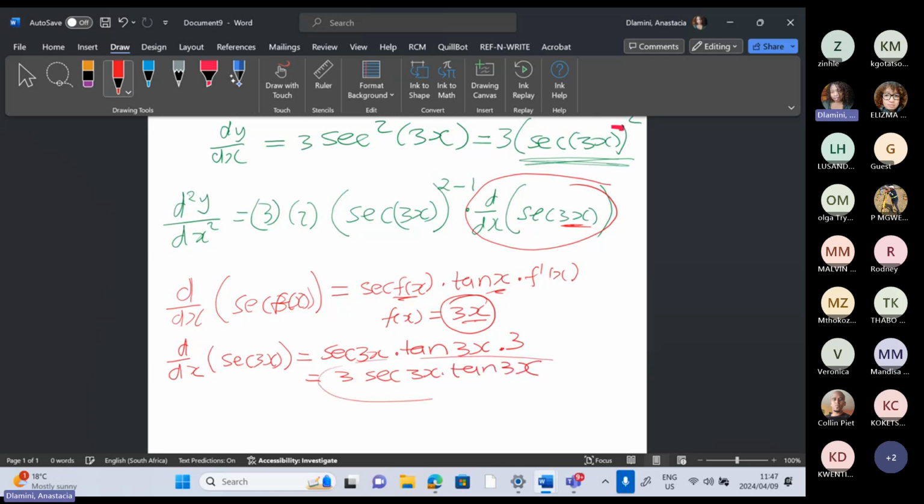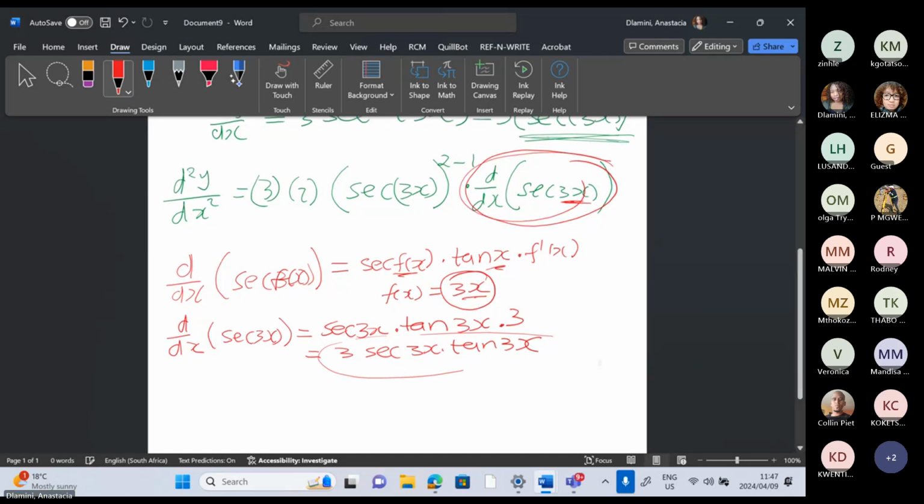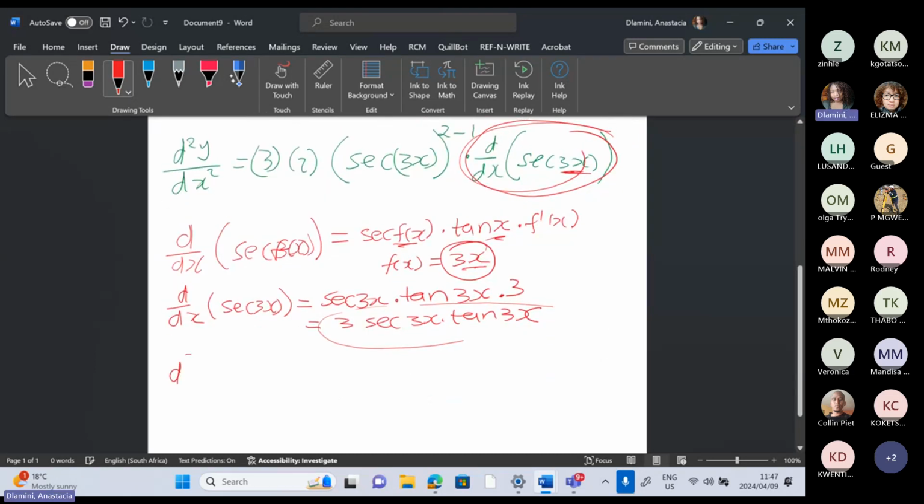We then take it and substitute it in here. So therefore, d squared y over dx squared is equal to 2 times 3, that is 6, times 3, that's 18, sec 3x times sec 3x times tan 3x.